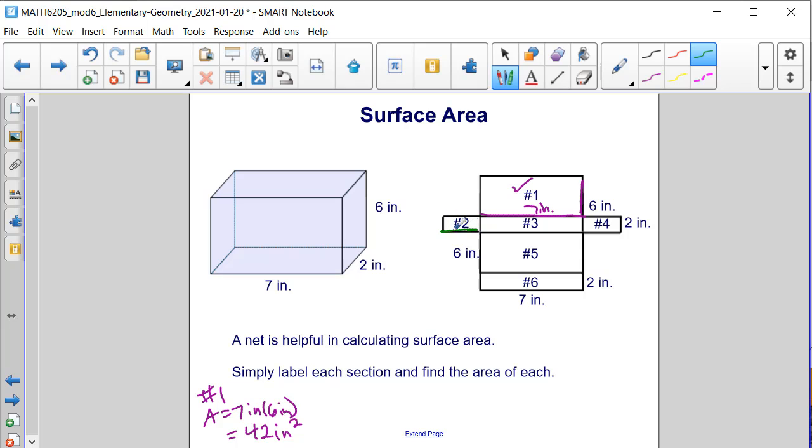Its length here is 6 inches because it corresponds to this side, which is also 6. So its length is 6, and its width right here goes to the 2 inches right there. So 6 times 2 is 12 square inches for this area.